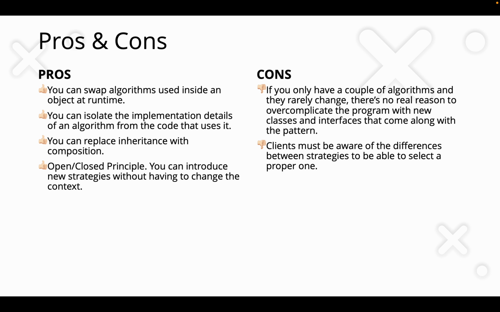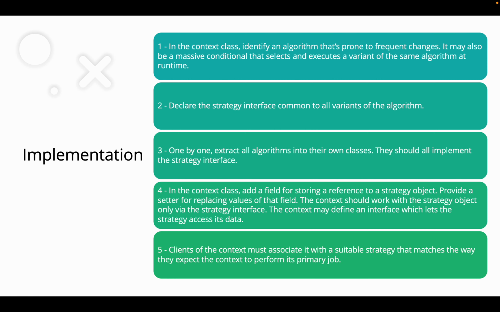And the cons are if you only have a couple of algorithms and they rarely change, there is no real reason to overcomplicate the program with new classes and interfaces that come along with the pattern. Clients must be aware of the differences between strategies to be able to select a proper one.